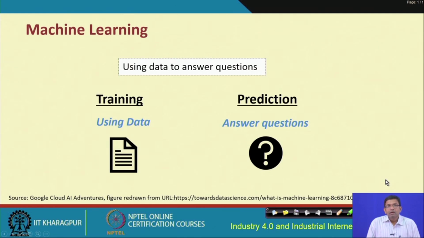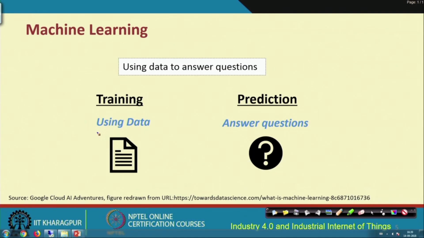So, what is machine learning? As I told you earlier, we are talking about predicting something in the future based on the past history, past knowledge and so on. The whole idea is that you use the existing past data, and then you try to make predictions or answer certain questions for the future.